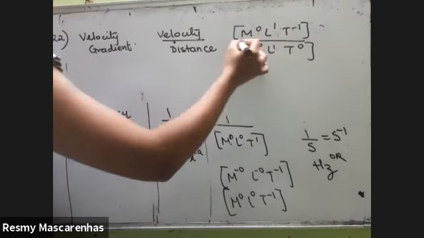So this will be M0, this will also become L0, and T minus 1, and this will be minus 1.